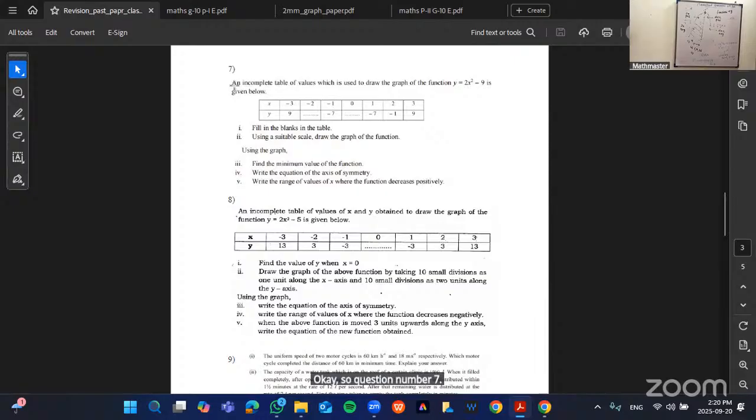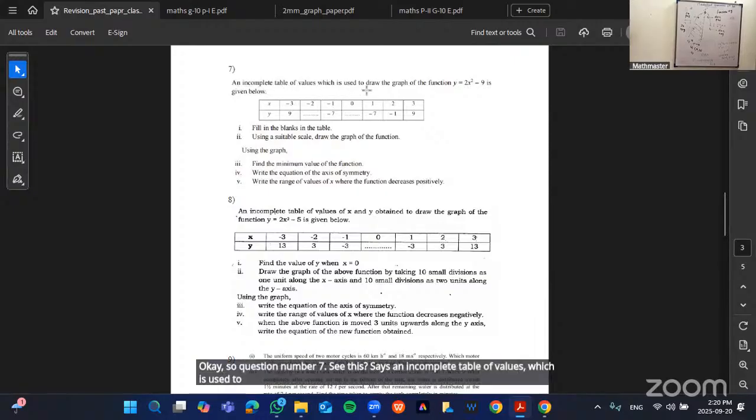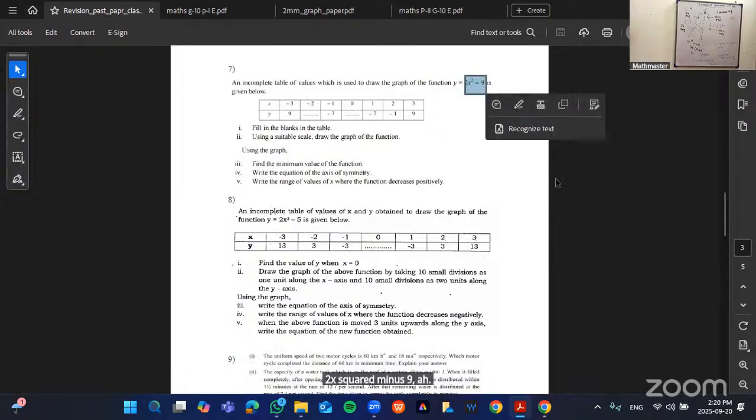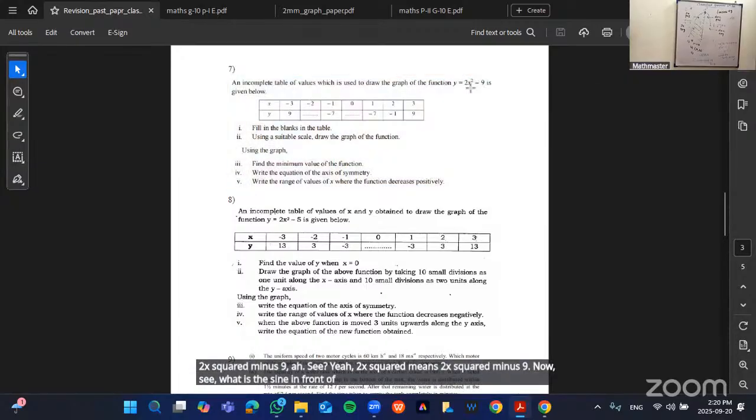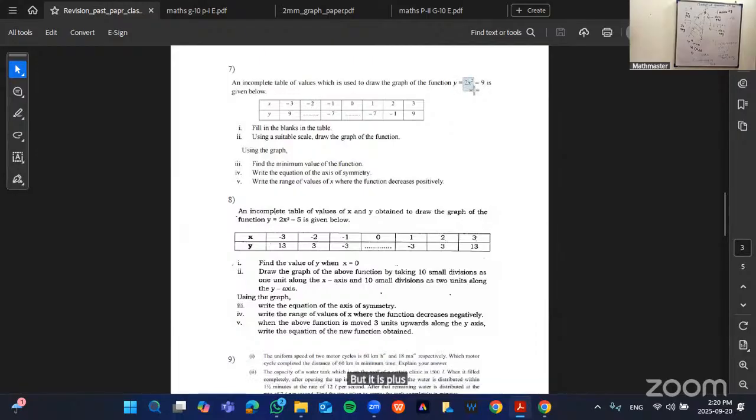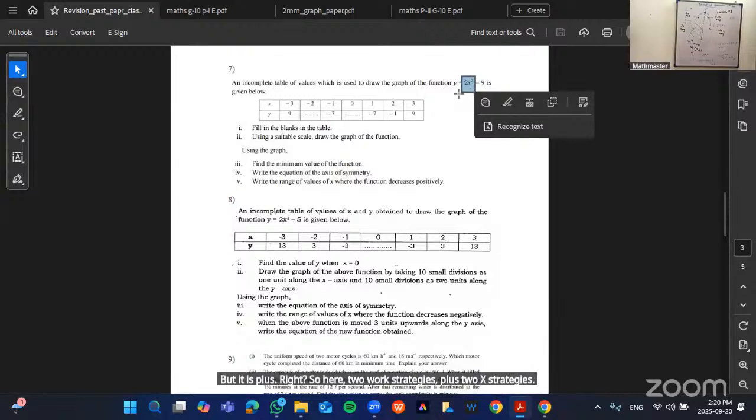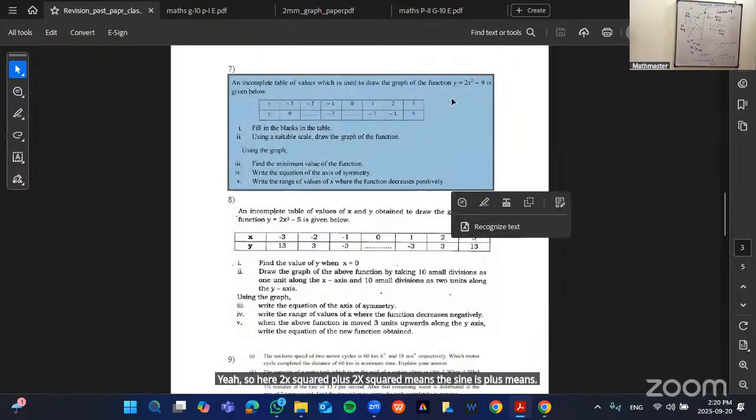See, this says an incomplete table of values which is used to draw the graph of the function y equals 2x squared minus 9. Now see what is the sign in front of this 2x squared? It is minus. Sorry, it is plus. So here 2x squared is plus 2x squared, which means the graph should be a maximum one or a minimum one?